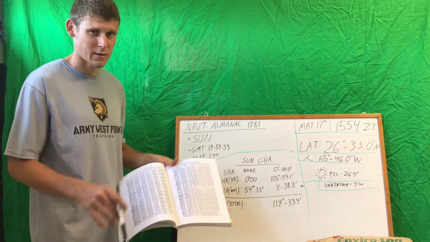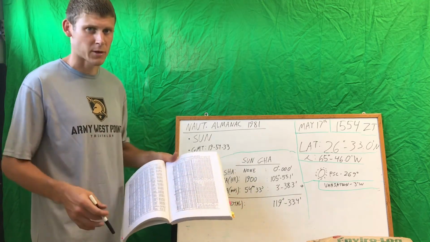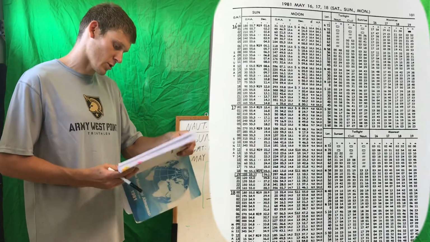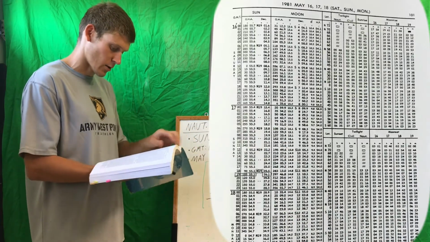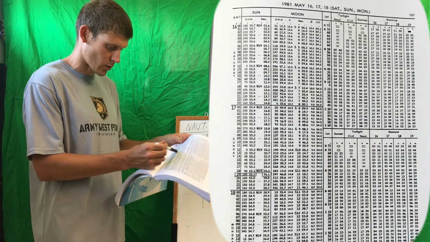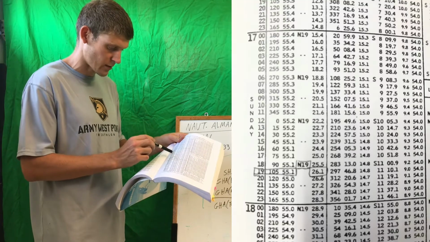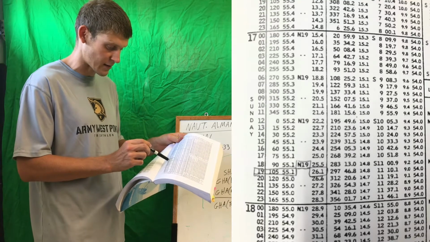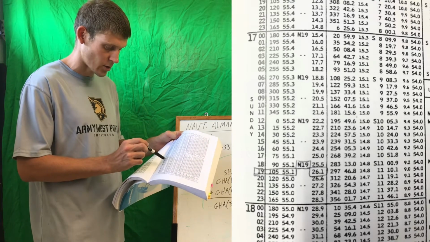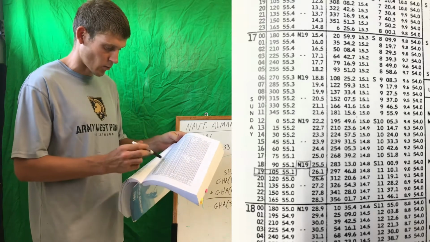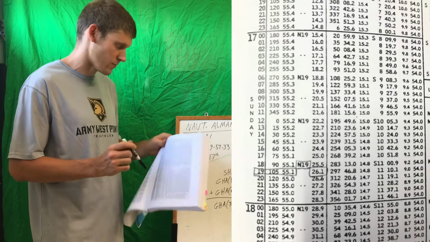Now I know you can't see it from the camera, so I'm going to add a little picture and talk over it. But what you're going to do is go down to May 17th, and you're going to find the 19. And that 19 represents what our GHA is.